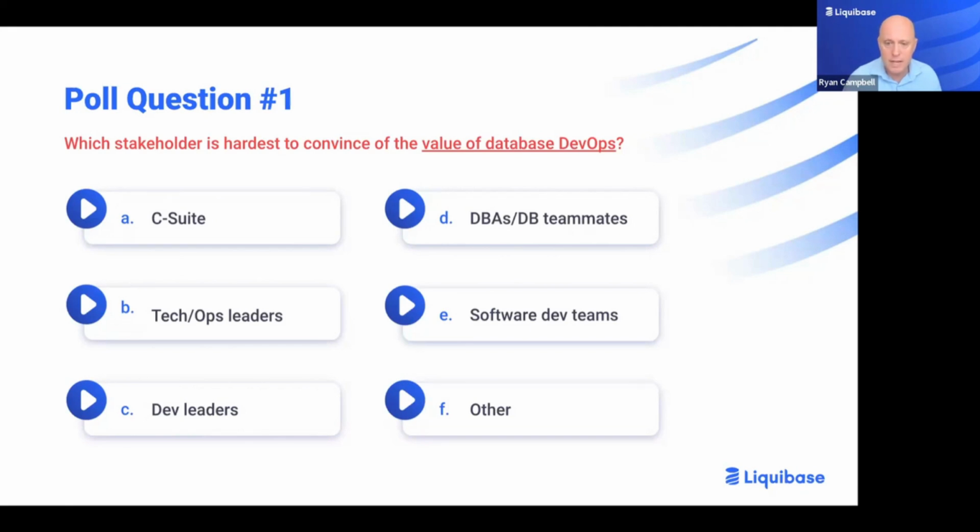Okay. So we see DBAs and database teammates. Wow, that's surprising. Is that surprising to you, Jonathan? That is surprising to me. But I've always thought it was software dev teams, or the C-suite leaders, the dev leaders. They have ownership.